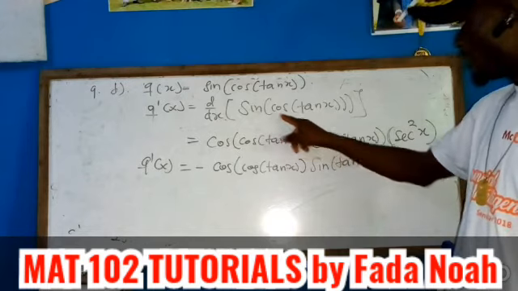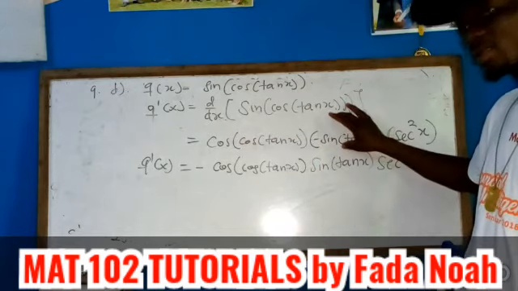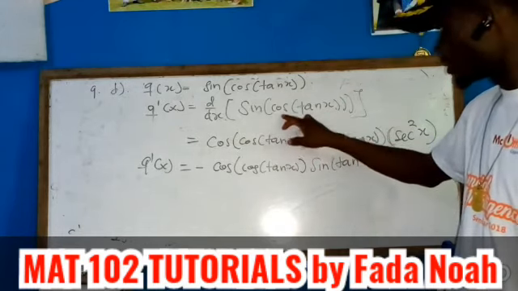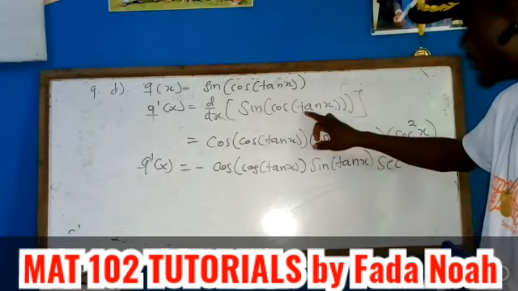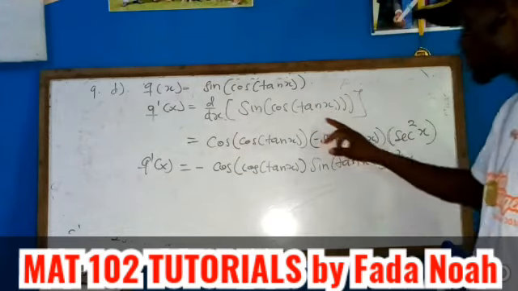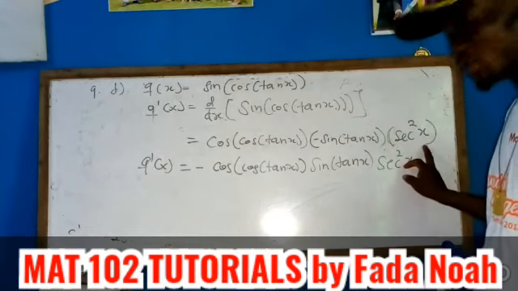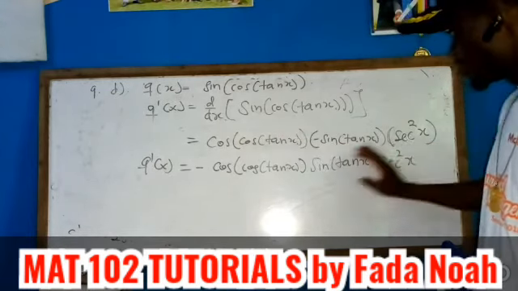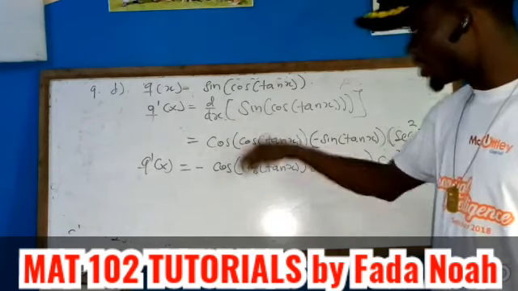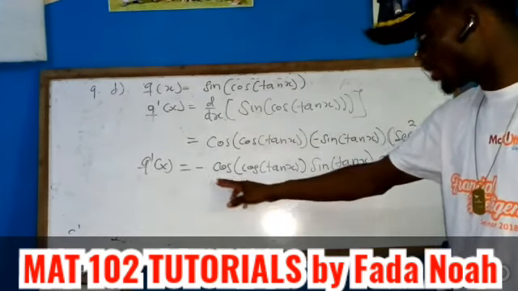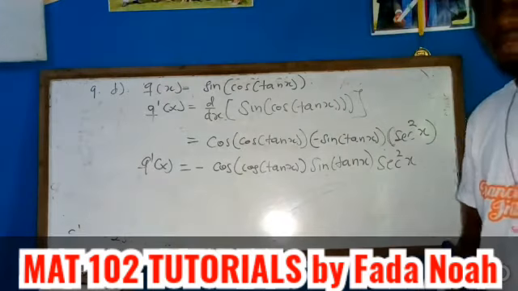So it will be minus sine tan x for the second one. Then you come to the third one, you differentiate tan x, then you get the derivative of tan x is what? Sec square x. So we just try to bring the negative out and you get negative of everything here.